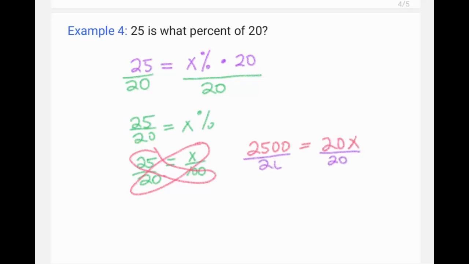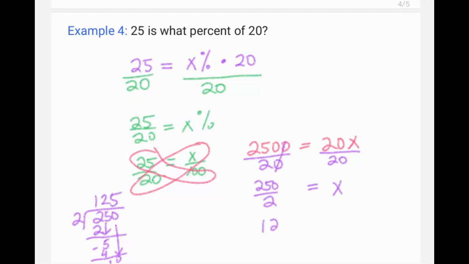So x is equal to, now 10 goes into 2,500 and also 20 evenly, so we have 250 over 2. It will give us 125 is equal to x. Now, again, the x is the percent, so it's asking what percent. 125%.